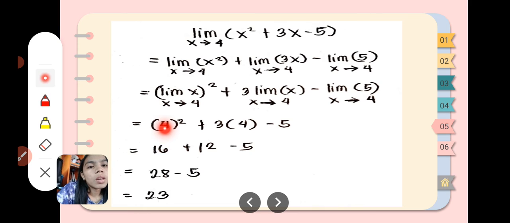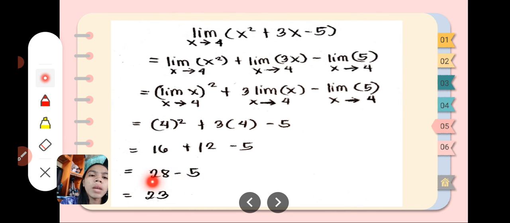So 4 squared plus 3 times 4 minus 5. So 4 times 4 is equal to 16, and 3 times 4 is equal to 12, minus 5. And then 16 plus 12 is 28, minus 5. So the final answer will be 23, from 28 minus 5. So the answer will be 23.